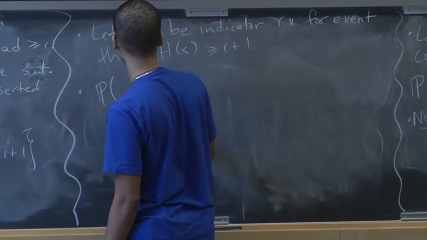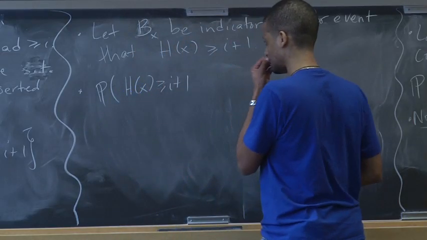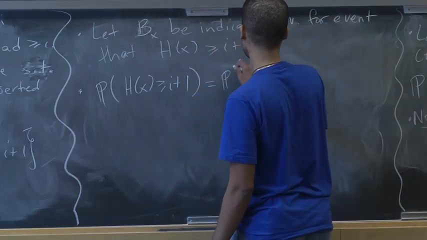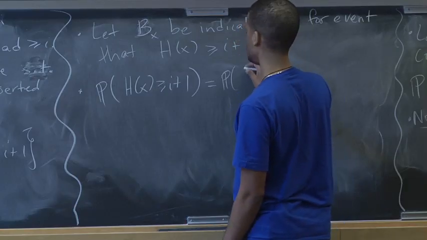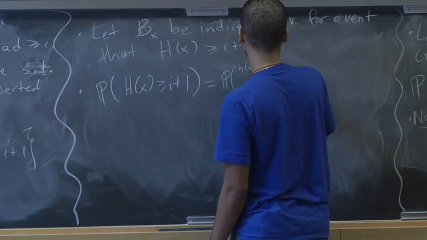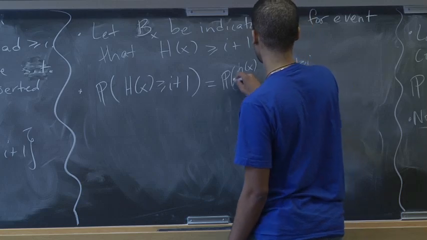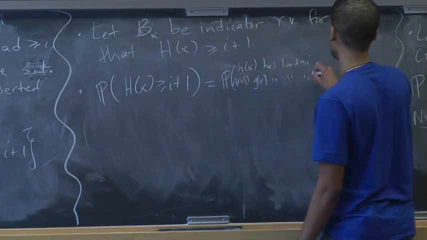So the probability that h(x) is at least i+1 is equal to the probability that h(x) has load at least i and g(x) has load at least i.